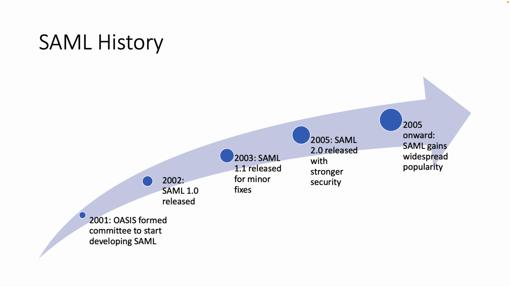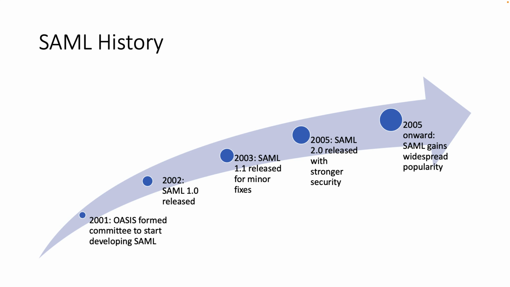So here is the brief timeline of SAML history. In 2001, Oasis formed a committee to start to develop a SAML standard, because at that time, the internet had been developed a lot. Web 2.0 started to come into play, and there was a need for cross-domain single sign-on.